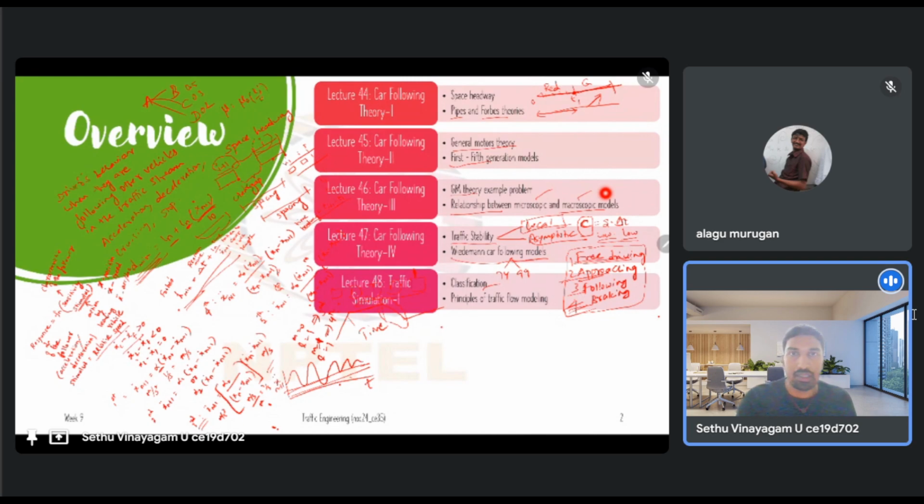And then the principle for traffic flow modeling: you have to model how you are going to replicate the reality or the ground truth, right? How are you going to model the flows? What is generally used is fluid flow. We take the vehicle or traffic stream to be flowing through the roads like a fluid flowing in a pipe.